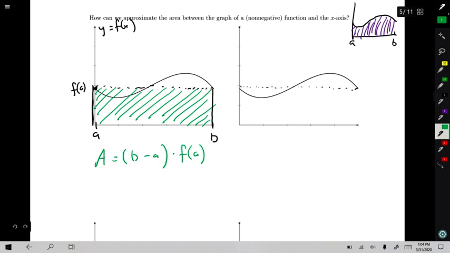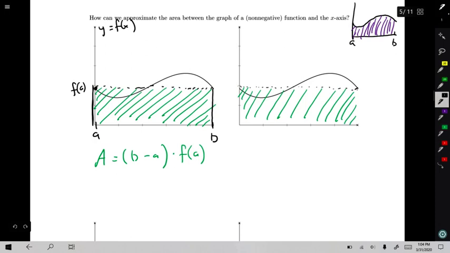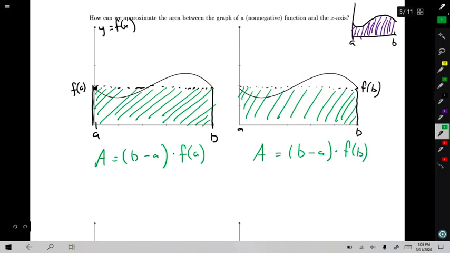But in any case, the height now of my rectangle is exactly the y value above b. So the height here is f of b, and so the area for this estimate is going to be equal to, again, the base length b minus a, times the height f of b.